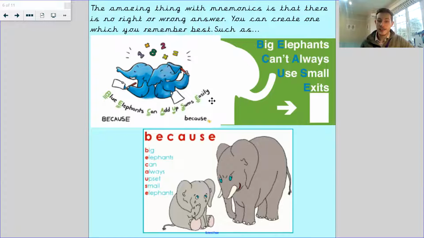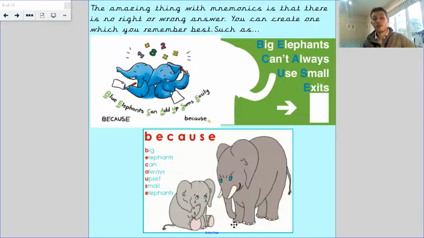Elephants doing maths. There's another way. Big elephants can't always use small exits. So it's saying that big elephants can't always use the small doors. And it's also saying big elephants can always upset small elephants. Now that's a sad one. But as you can see, each one of these is different, but they all spell because the same.